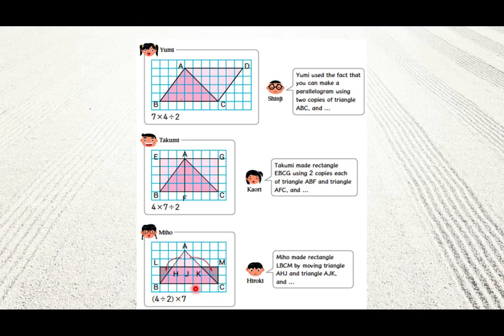In this case, it is base times half of its height. So this is the base times height, and then half. Base times height, which is the length of this rectangle, and then half. This is like base times half of its height. So you could come up with the formula.